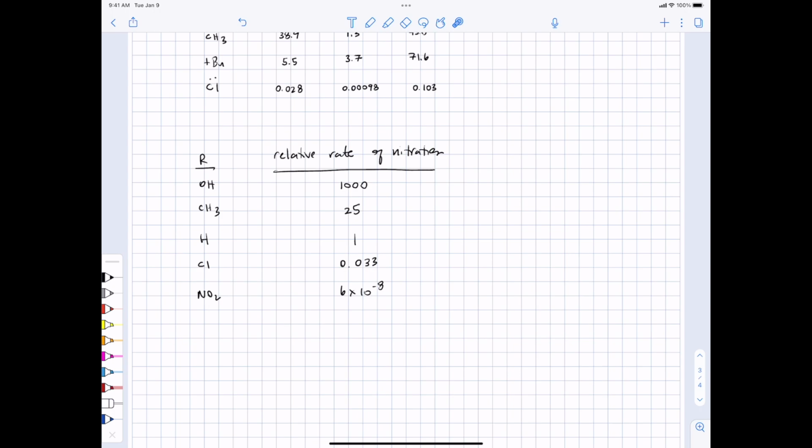So this follows your intuition for electron donating groups versus withdrawing groups. A lot of people connect this to the Hammett parameter, the sigma Hammett parameter, which describes how good a group is at electron donating versus withdrawing.